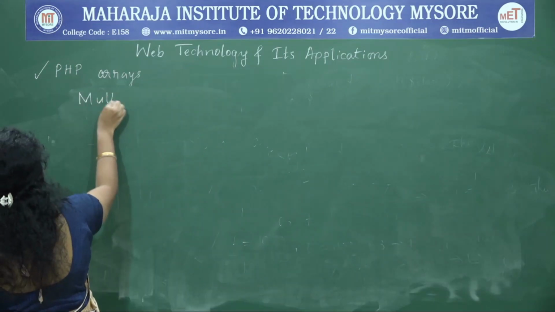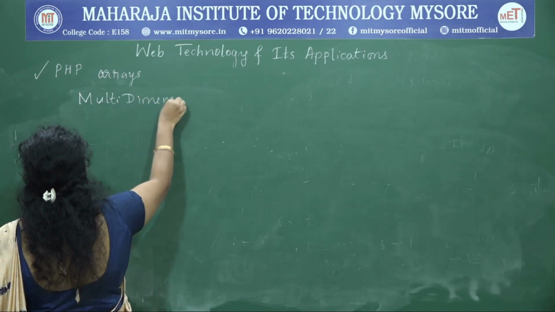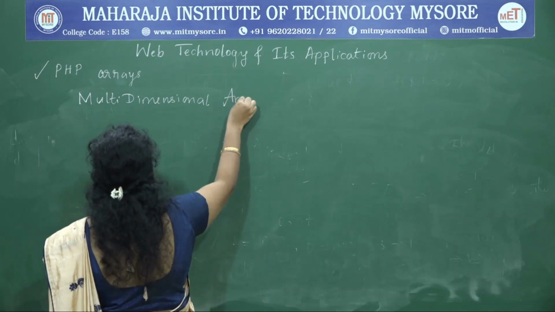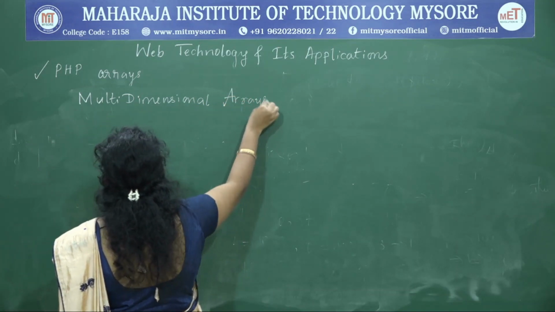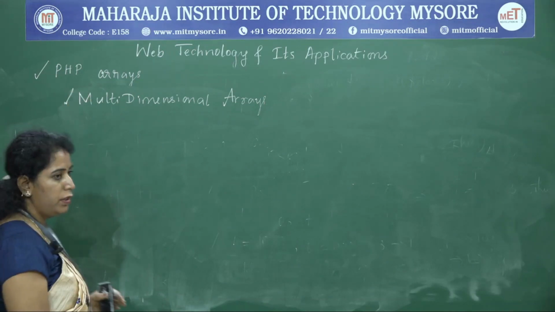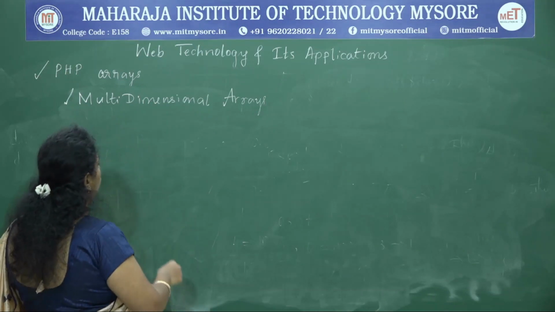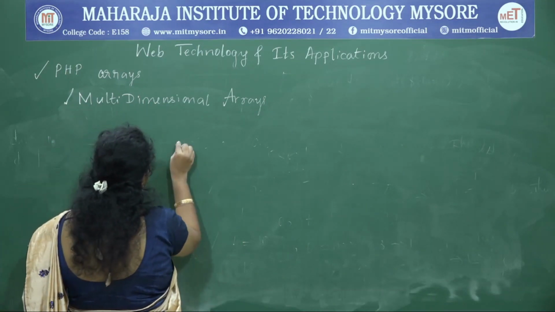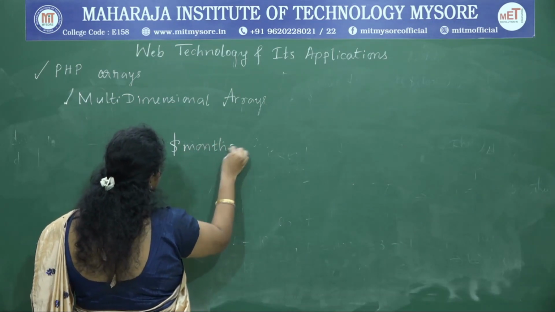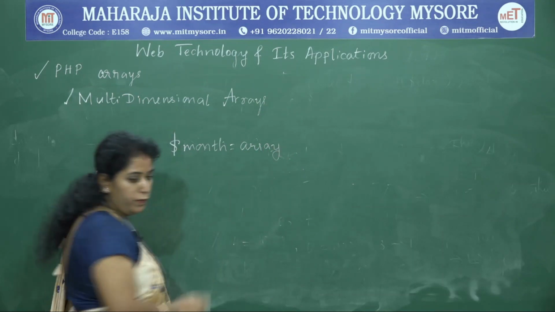Next is about the multi-dimensional array. Multi-dimensional array here means a two-dimensional array. So how to define a two-dimensional array? Let me take the array name as month.